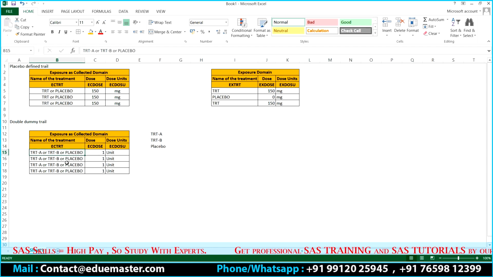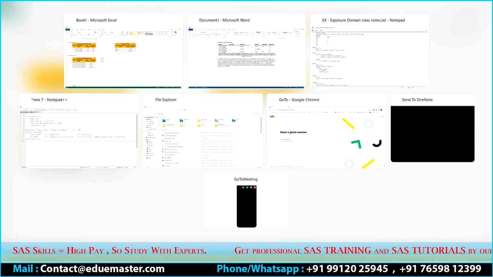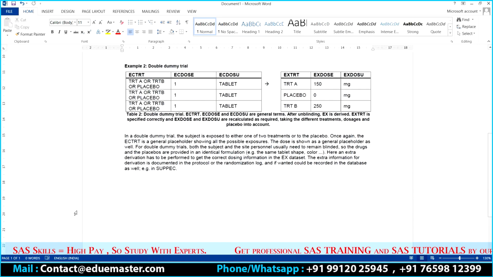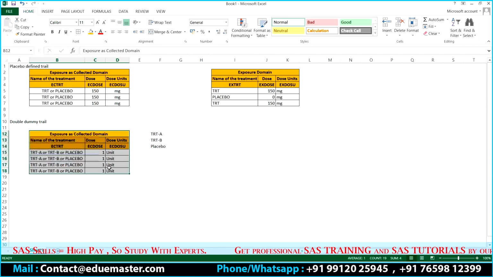So we don't know out of these 4 who got treatment A, who got treatment B, and who got placebo. We don't know that. To know those particular details, I need to go with the exposure domain again.